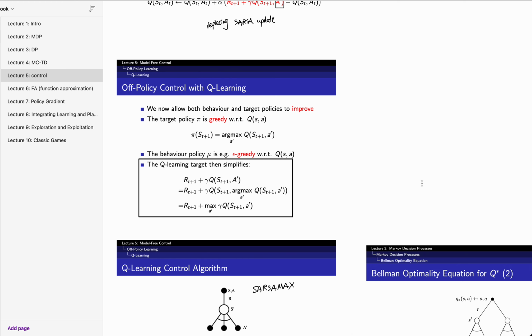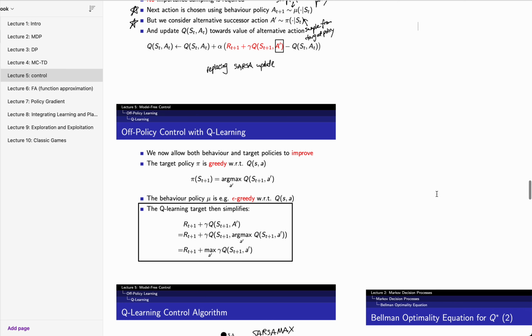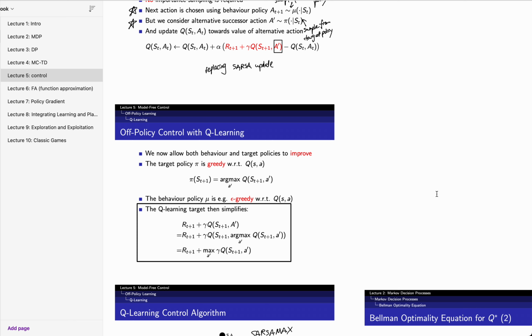Off-policy control with Q learning. So here it's saying the target policy is updated via greedy with respect to the Q function. The behavior policy is epsilon greedy because you want to add some randomness.